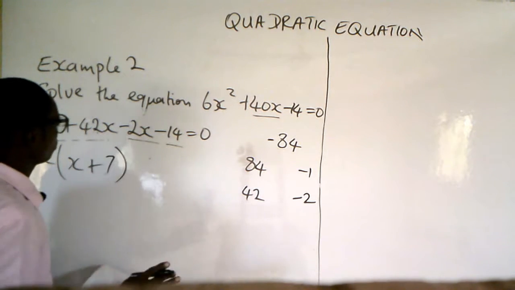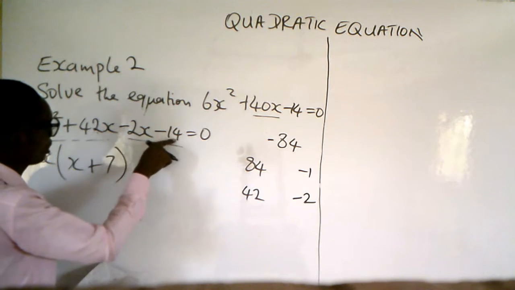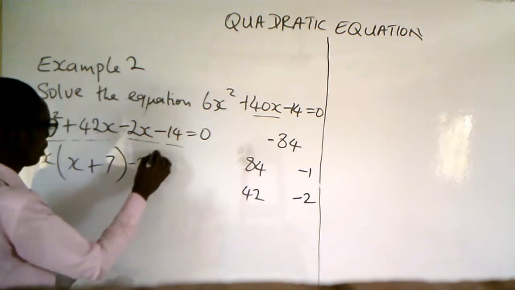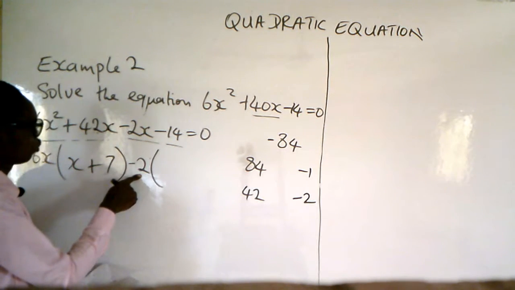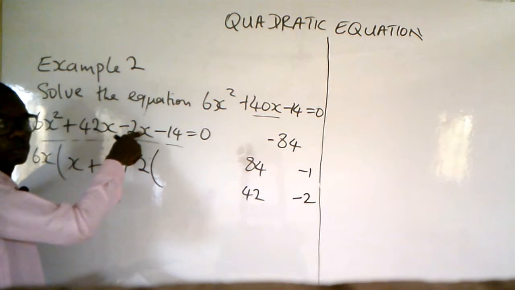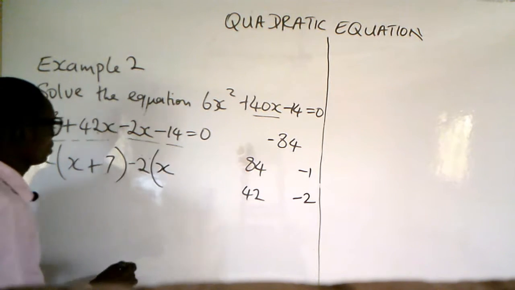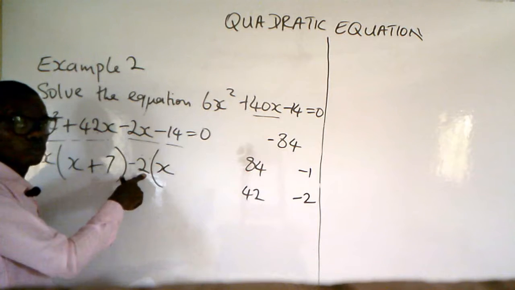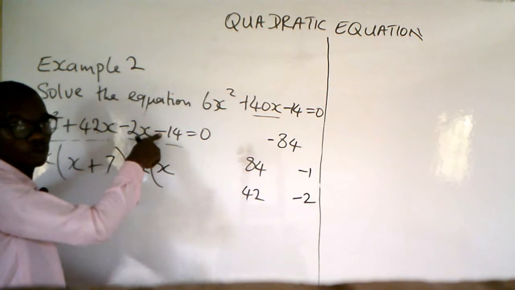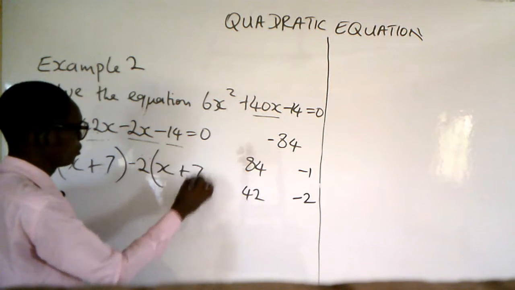The only thing common to both is 2, because 2 can divide 14. So 2 will be out. If minus 2 cancels minus 2x, what will remain is x. If minus 2 cancels minus 14, minus cancel minus gives plus, so what you have is 7.